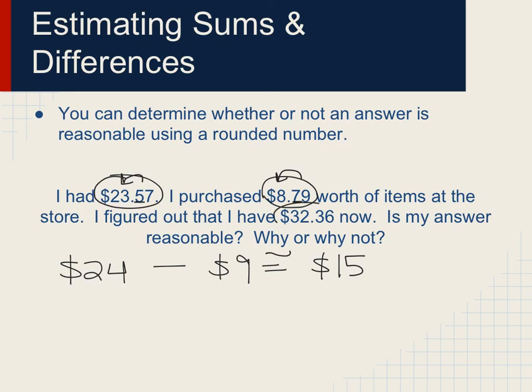Since I had figured out that it would be $32.36 now, that original calculation would not be reasonable. The reason why it's not reasonable is because $32.36 is more than the amount I originally started with and I had taken away from what I originally started with. My estimate is that I will have approximately $15 left after making those purchases.